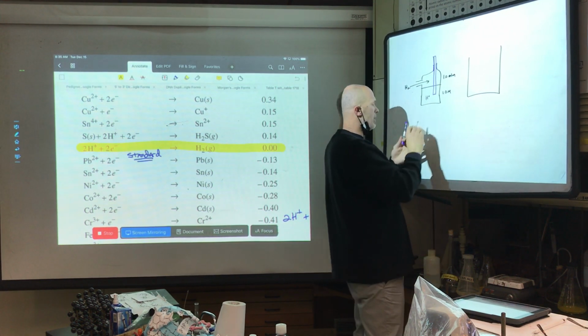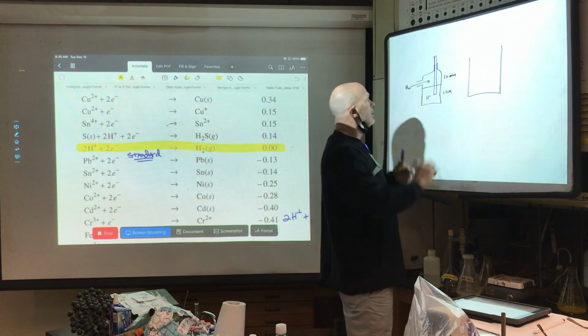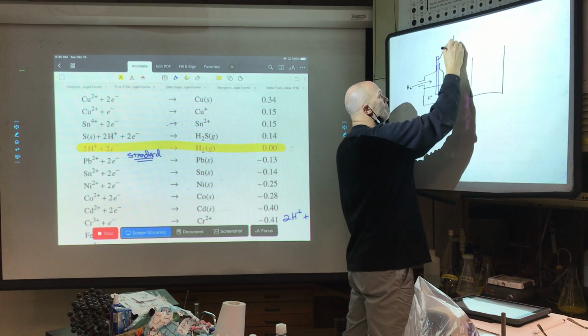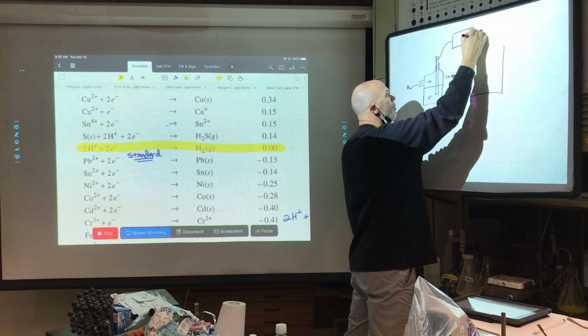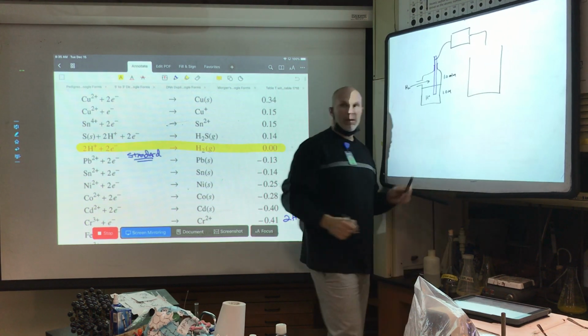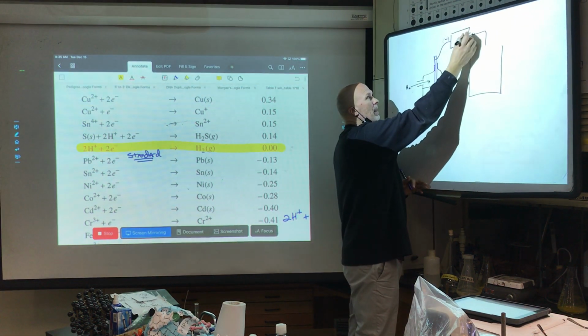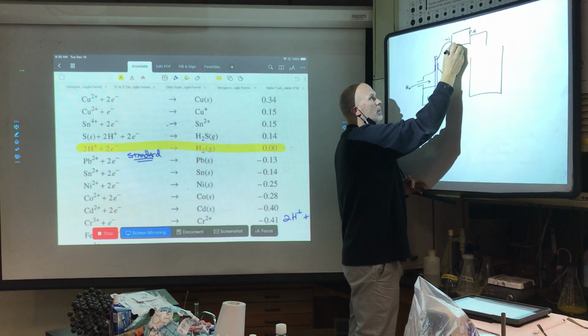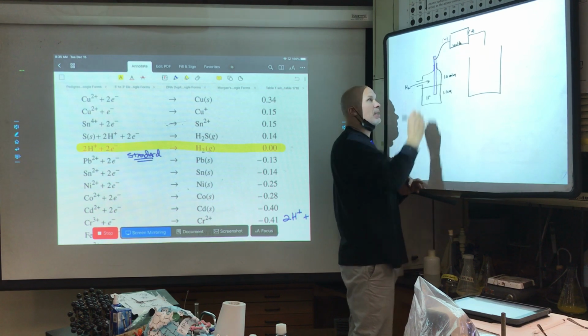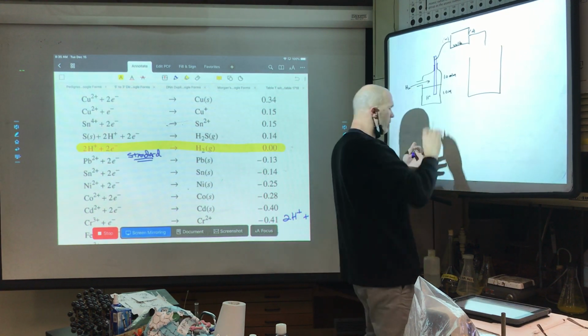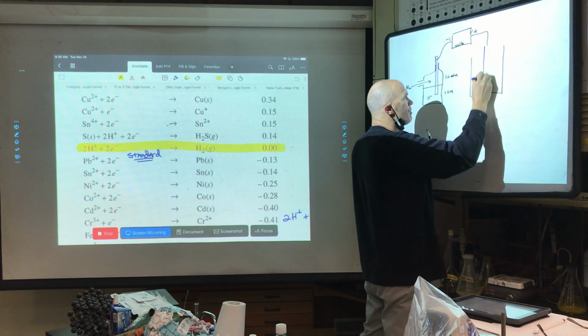And what we set up is a wire that goes to a voltmeter. Now the voltmeter, as you did in your lab, has positives and negatives to it. So if I make the negative go here and the positive here, okay, it's going to read the voltage if this is the anode and this is the cathode. Okay, very important you understand this experiment.